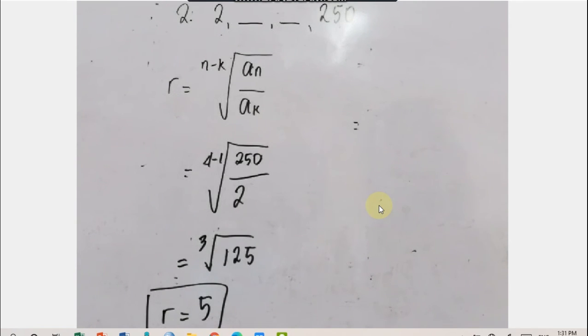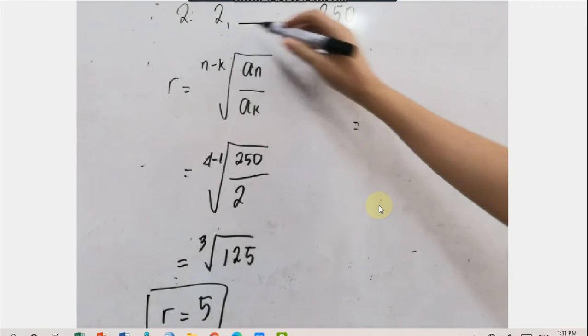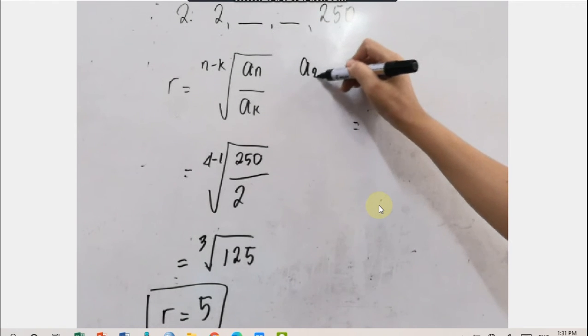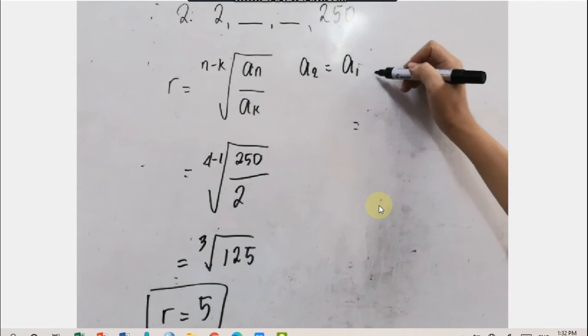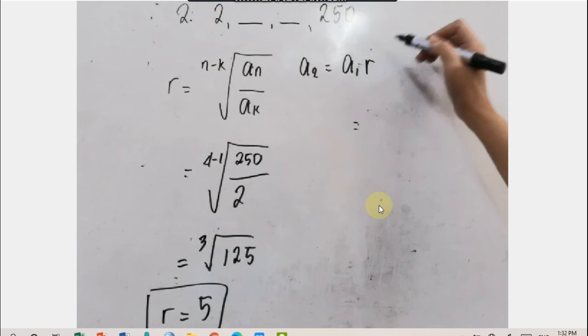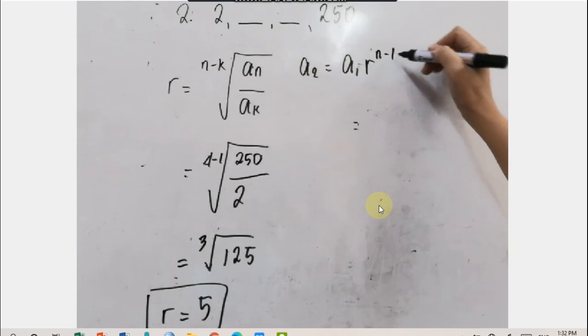Are we done? Not yet. We are going to use our common ratio to find the second term. So a sub 2 is equal to a sub 1 times, using the formula, r raised to the power of n minus 1.